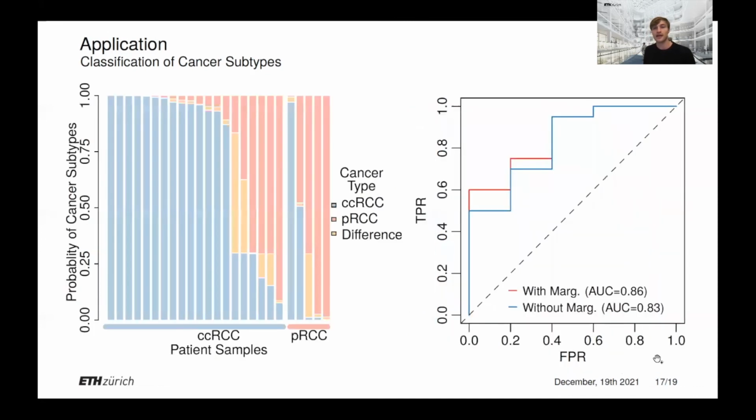On the next slide, we have a comparison between the probabilities calculated using marginalization and the probabilities calculated if we completely neglect the variables from the analysis. We see an increase in the accuracy, both on the left plot and on the ROC curve on the right.